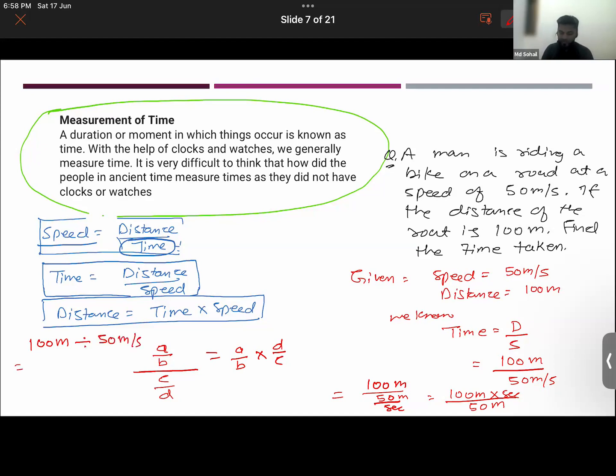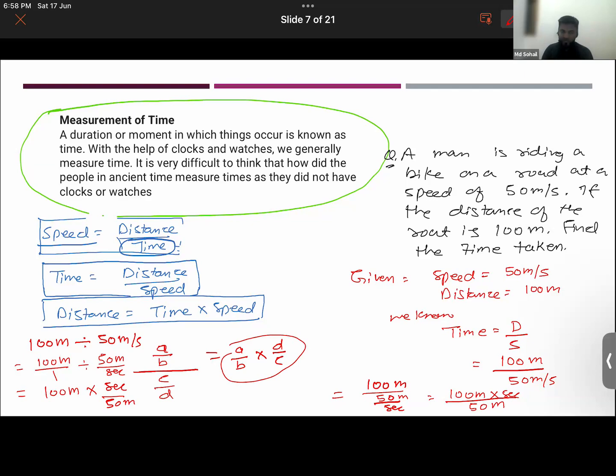We can write 100 meter upon 1 divided by 50 meter upon second. So it will be 100 meter multiplied by second upon 50 meter. Any confusion so far?